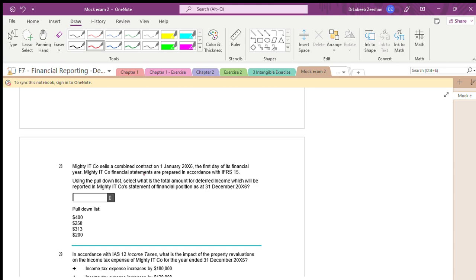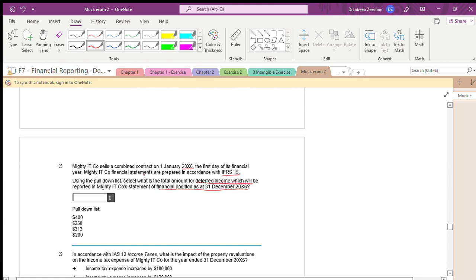Mighty sells a combined contract on June 2, the first day of the financial year. Mighty's financial statements are prepared according to IFRS. Using the down list, which is the total deferred income which will be shown in the financial statements of 2006?